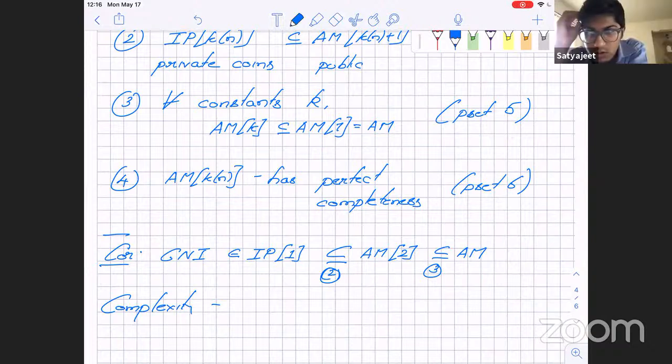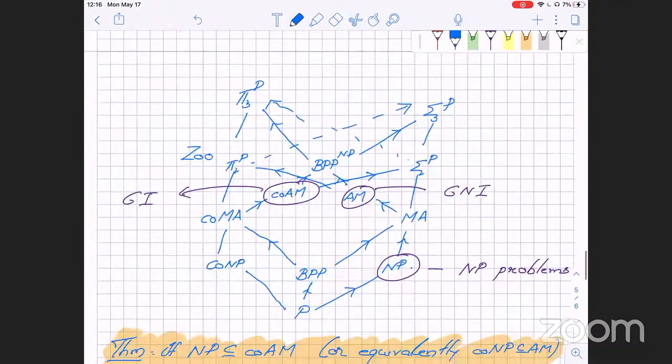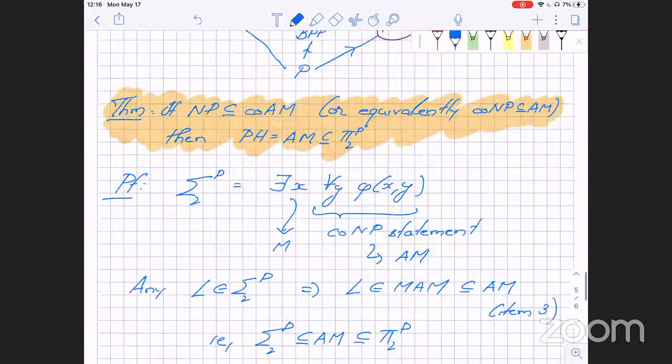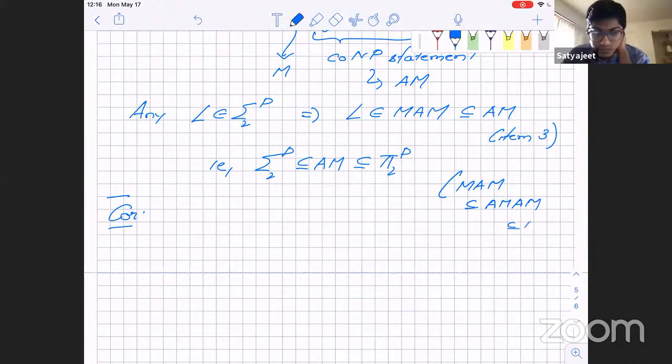The first round is Merlin sends and then Arthur sends back. So certainly MAM is contained in AM, because the protocol just ignores the first round of Arthur. Yeah, and then it's contained in AM. Okay.